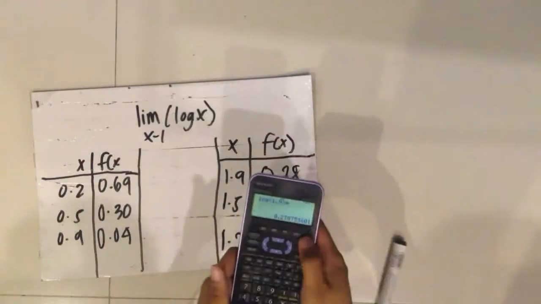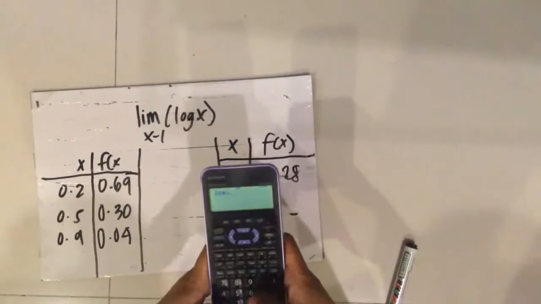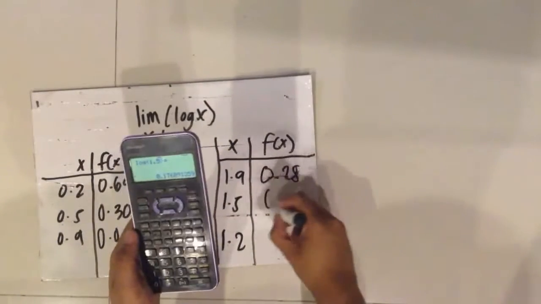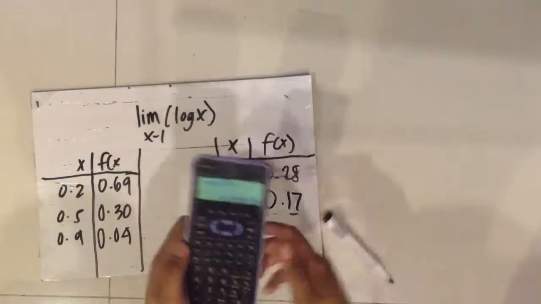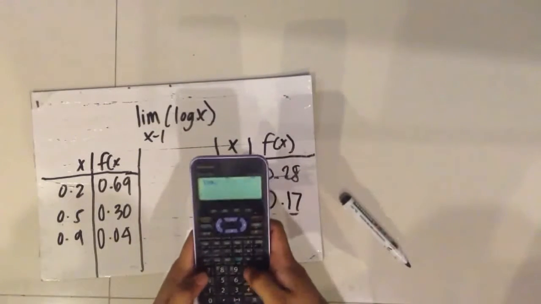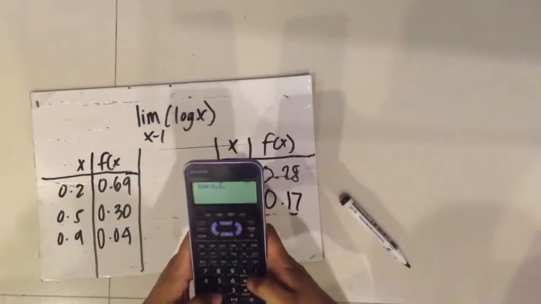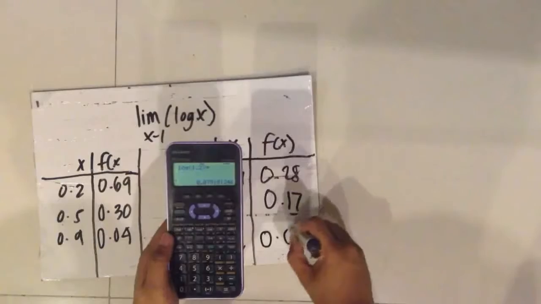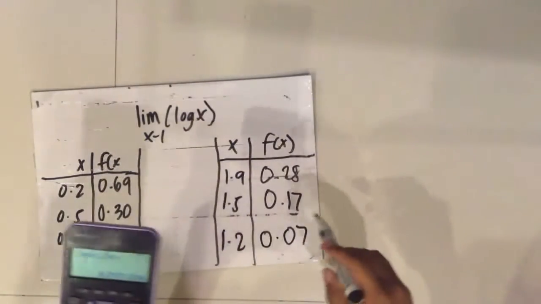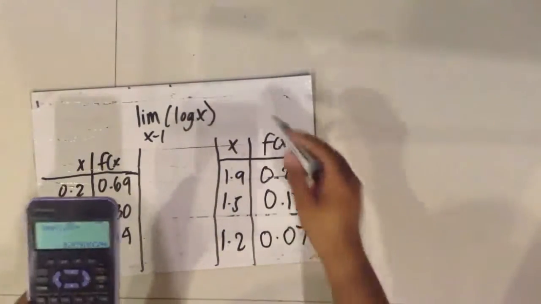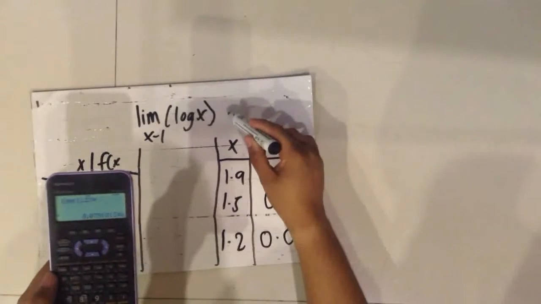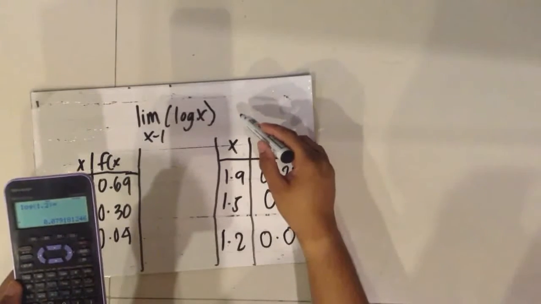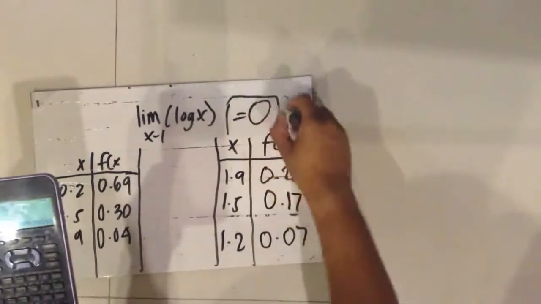And for the second one, log times 1.5 is equal to 0.17. For the last one, log times 1.2 is equal to 0.07, which means the limit of log x as x approaches 1 is 0.